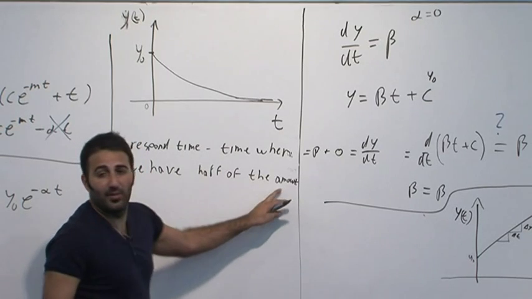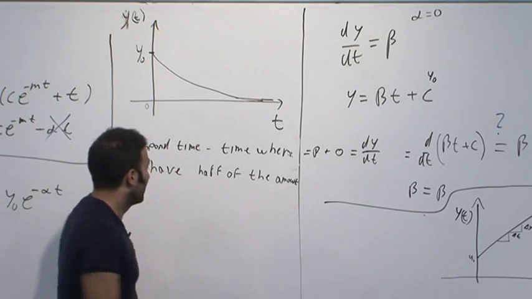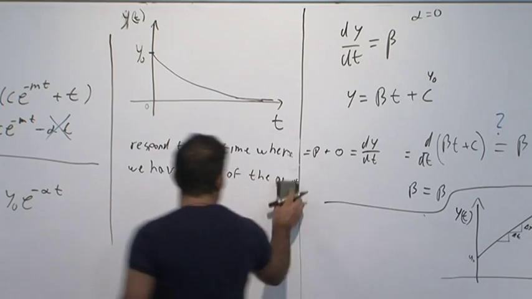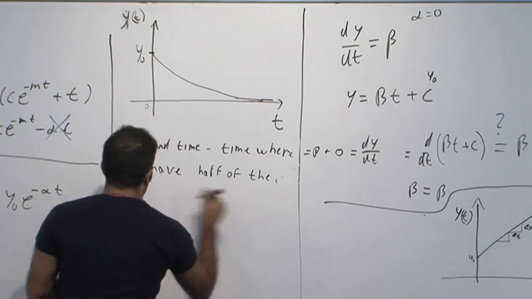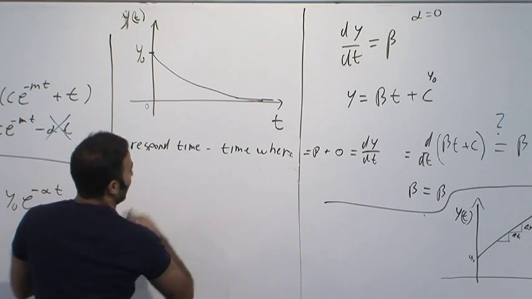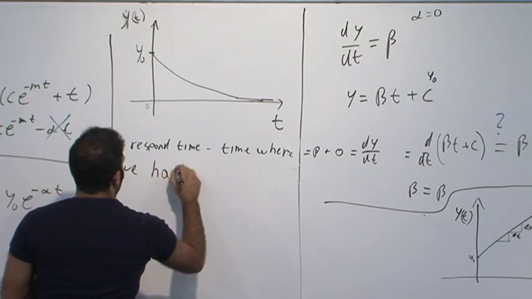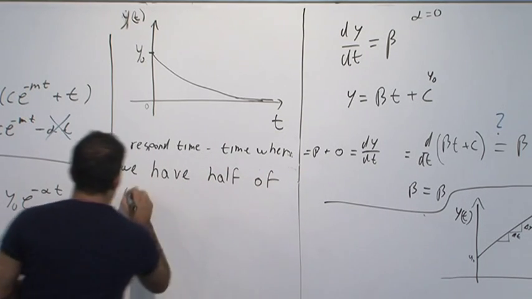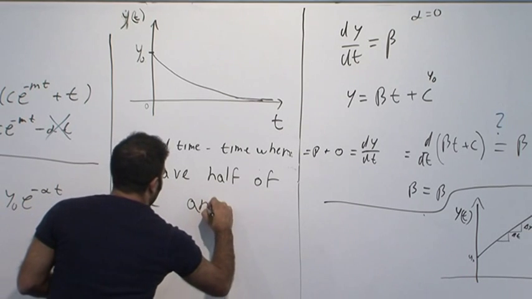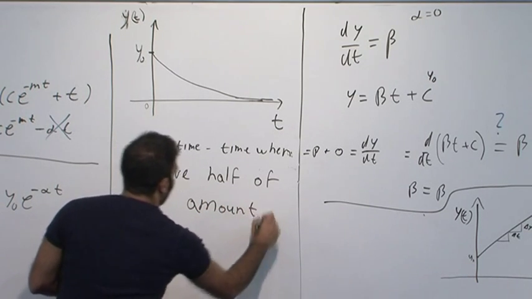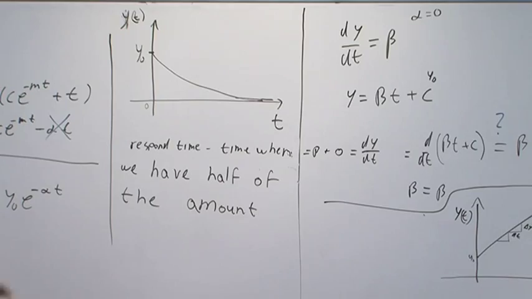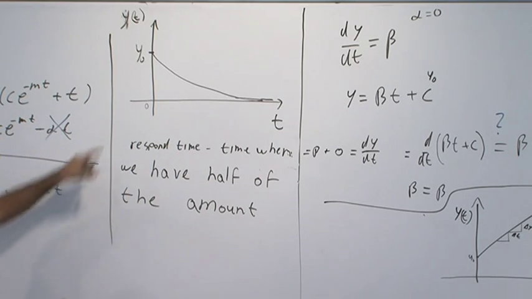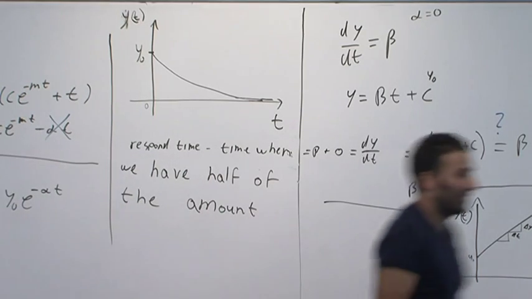I don't want to say initial amount because later we will see that it can be something else. It's not always the initial amount. In our case, it's f of the initial amount.